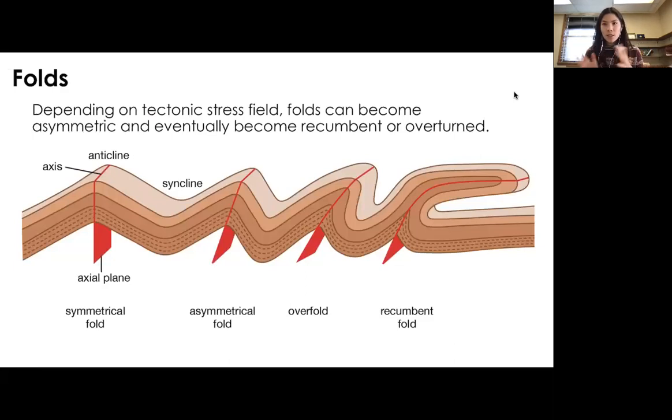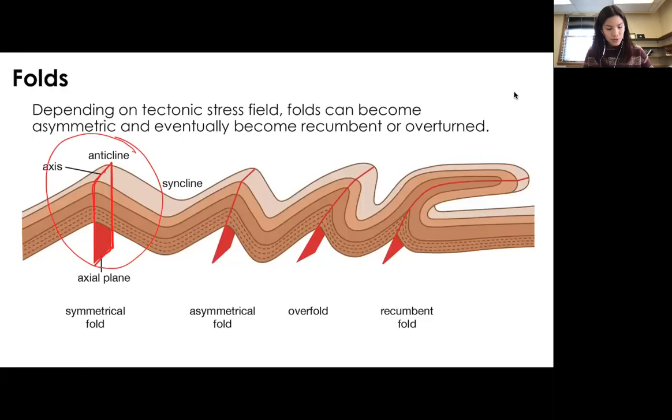So just to back up and go over how those changing stress fields would result in different fold forms. In this diagram here, we can see how we're starting out with a symmetric anticline. And so there's an axis to this anticline and an axial plane that runs right through the center of this anticline, and it is oriented perfectly vertically, so it's upright.